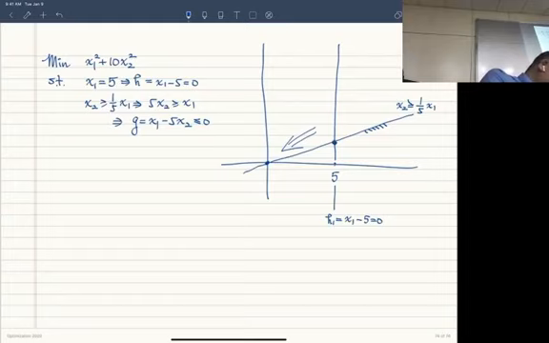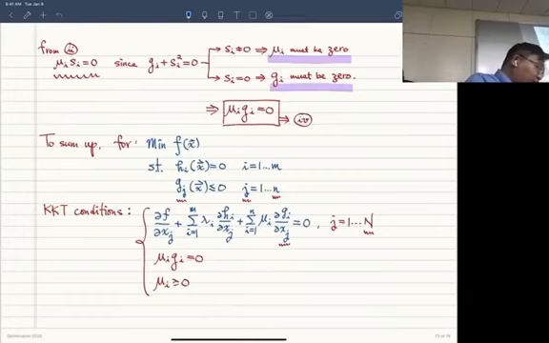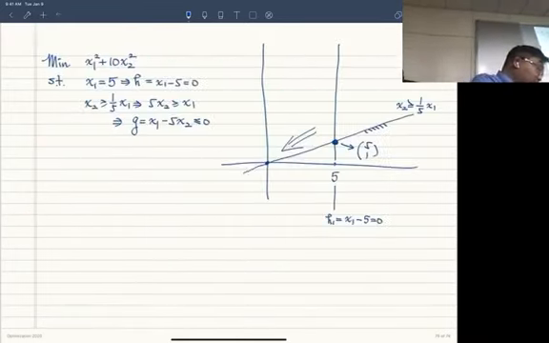So I know the solution should be this guy. This is 5 and 1. So 5 and 1 should be my optimal. But let's evaluate some other points. Before we evaluate, let's formulate the equations.